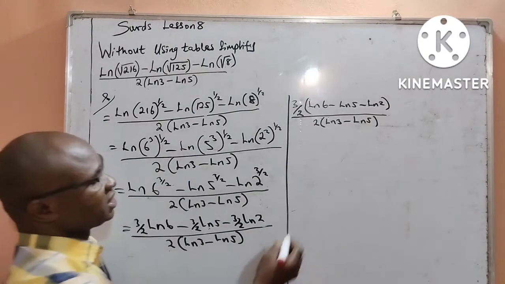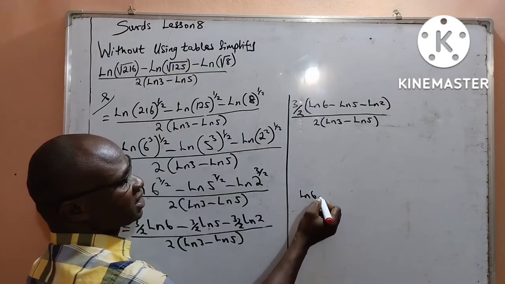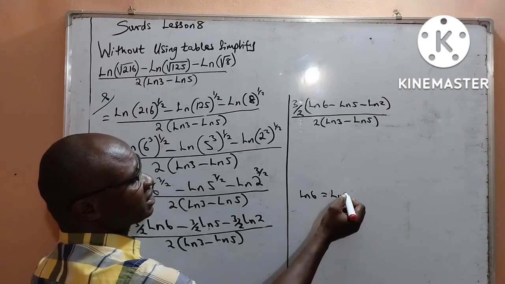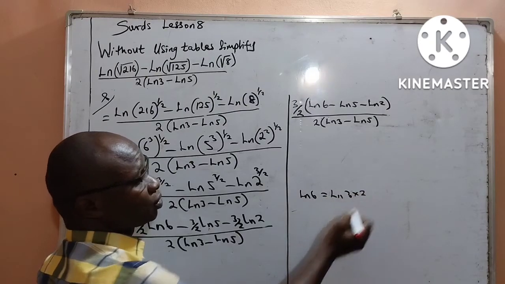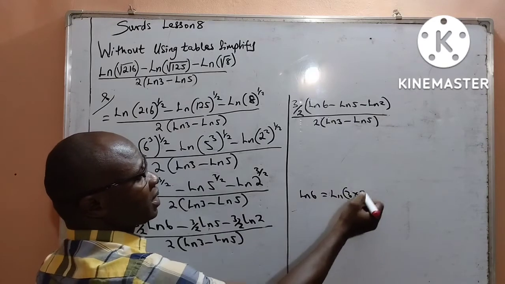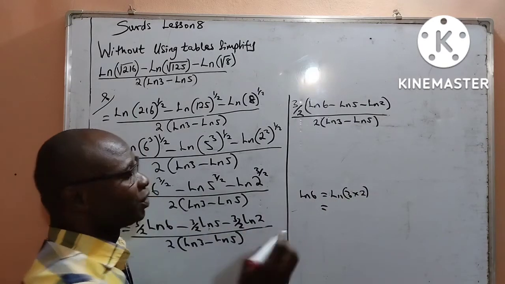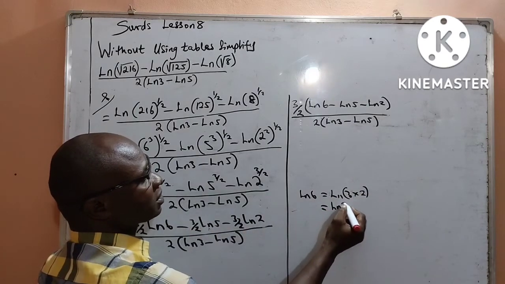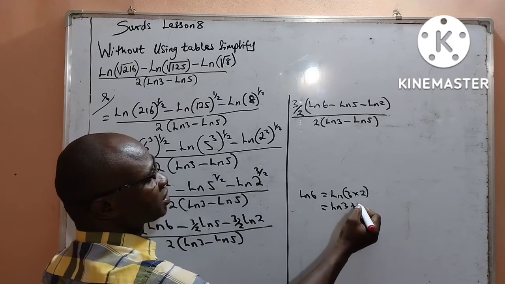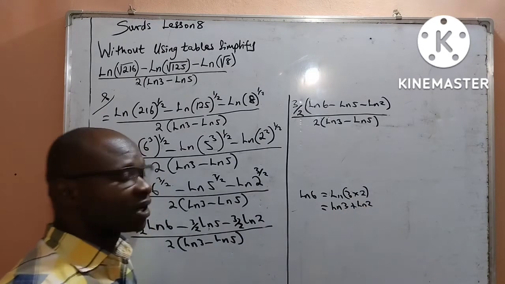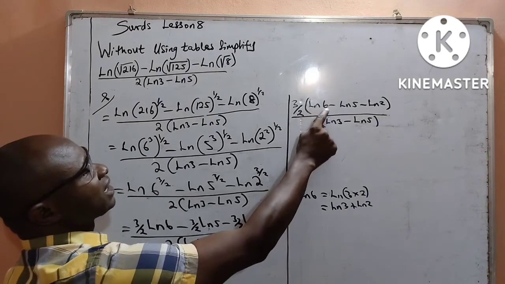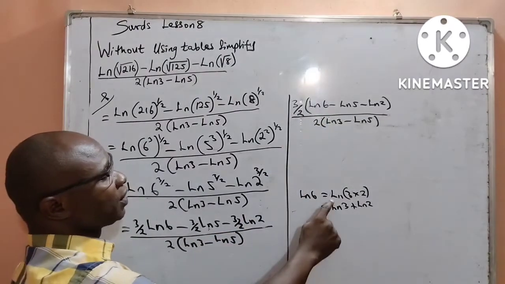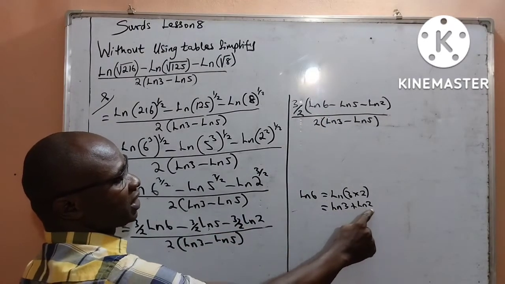You can see this ln6, I can write it as ln of 3 times 2, and that will now become ln3 plus ln2. So I am going to change this ln6 to become ln3 plus ln2.